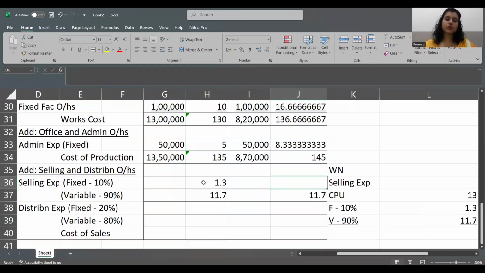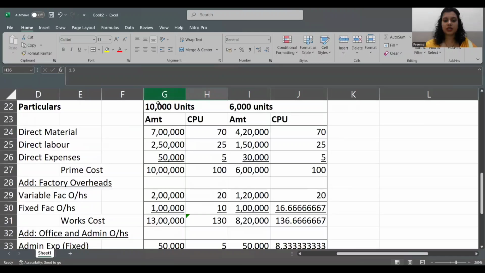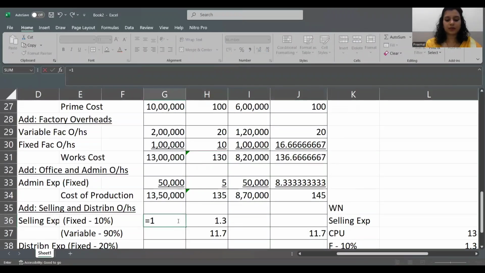So what you have to do is take the units of production given to you in the question and use that as a base to find out the value for the next column. Now the fixed cost per unit is 1.3. This when multiplied into the units, which is 10,000 units, will give us the amount. 1.3 into 10,000 units gives us 13,000 as the fixed portion of selling expenses.